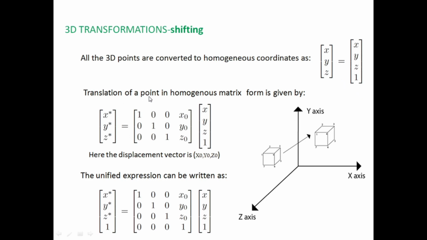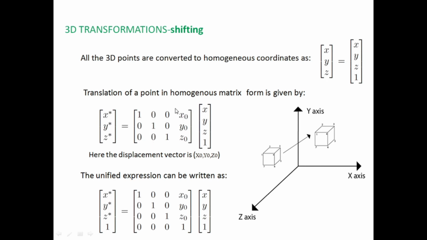Translation of a point in homogeneous matrix form is given by, because we have encountered how to do the 2D translation, that means 2D shifting. So x star, y star and z star, because it is a 3D transformation, 3D coordinates will be present.